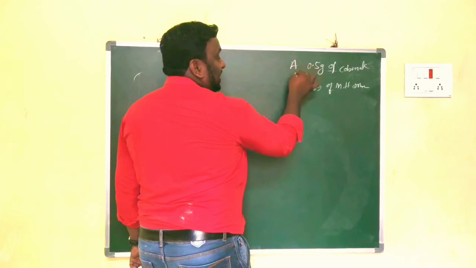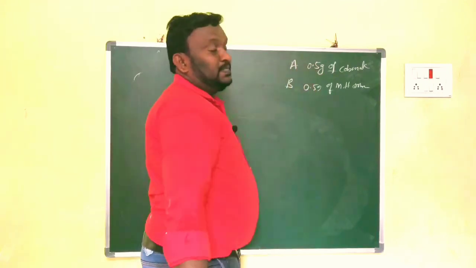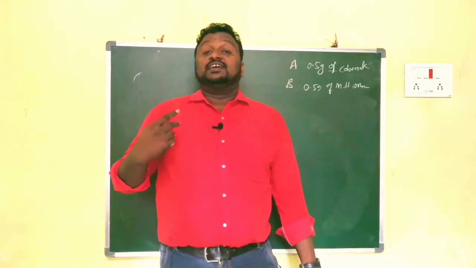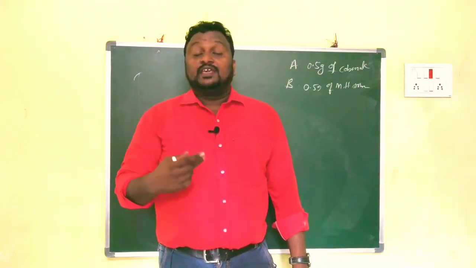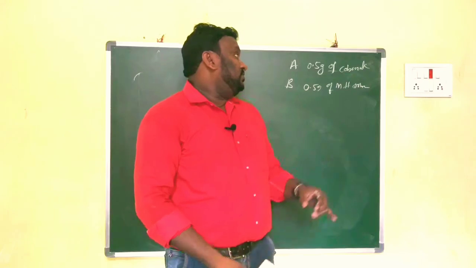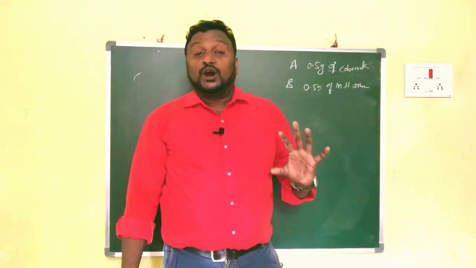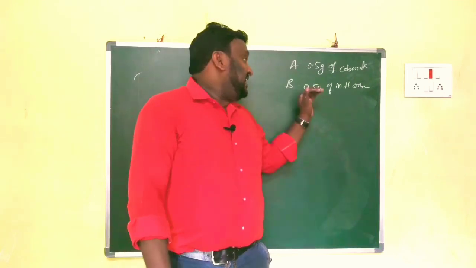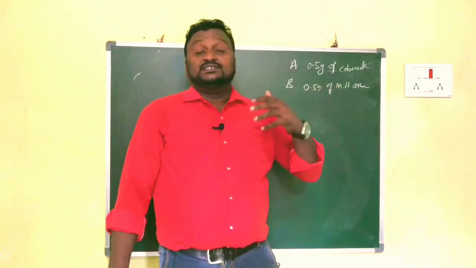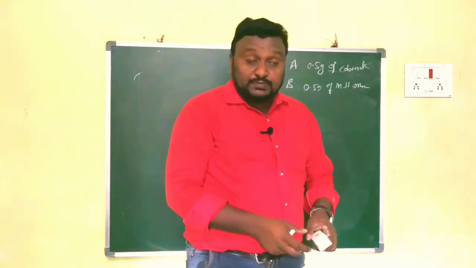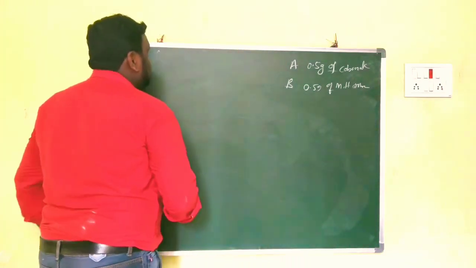Test tube A and test tube B. Clear? In test tube A, we take the carbonate, which here should be sodium carbonate. In the second test tube, we take sodium hydrogen carbonate. Clear?